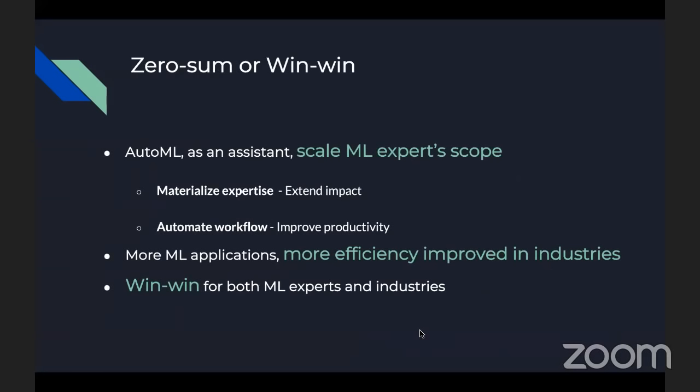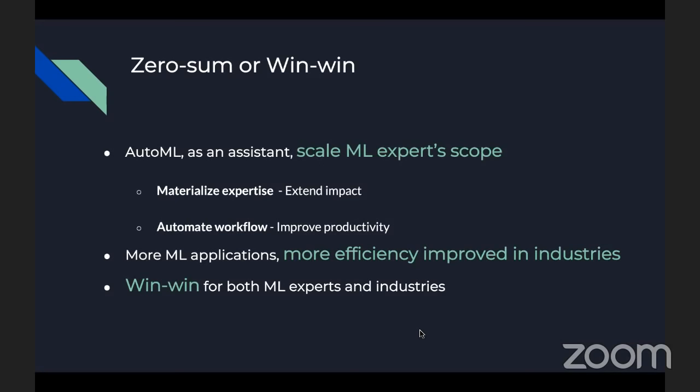So someone may ask, is it a zero-sum game or a win-win game? For example, whether AutoML will replace data scientists and make them lose their jobs, or it's a win for both of them. We think AutoML is an assistant. It's not proposed to replace data scientists. Instead, it tries to scale the machine learning expert's scope.